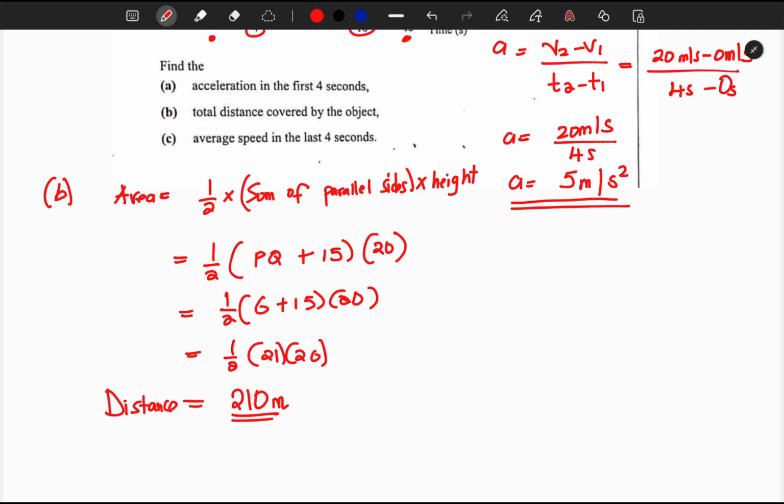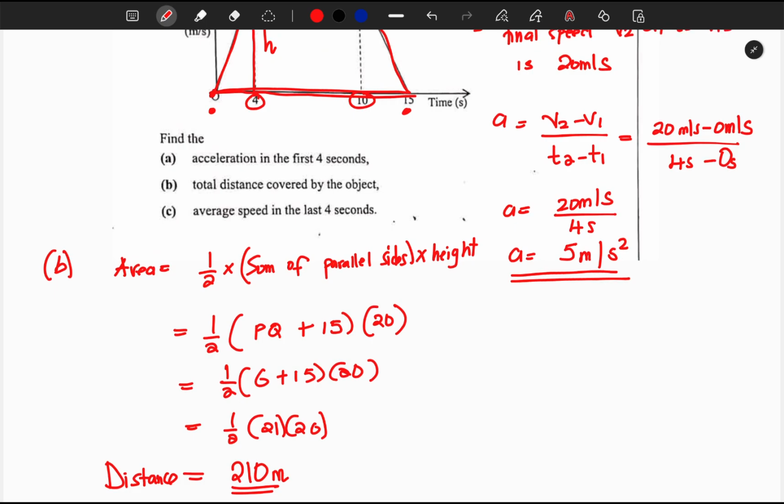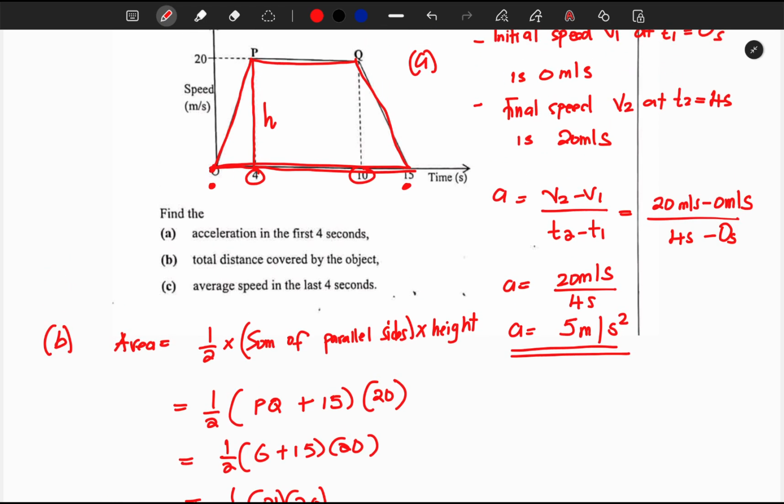The other one is the average speed in the last 4 seconds. Now this one is a little bit tricky, and it usually carries marks when they're not giving you a range where you can easily get the time or velocity. In the last 4 seconds, from 10 we add 4 seconds, which means at 14. We are looking at 14.